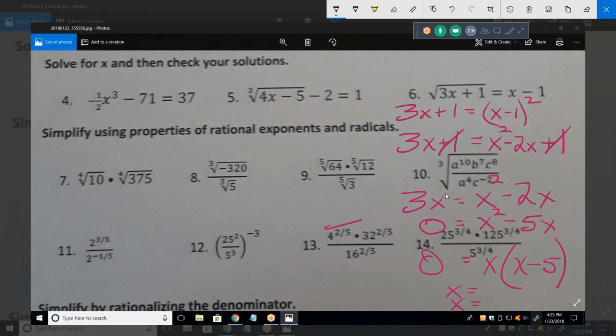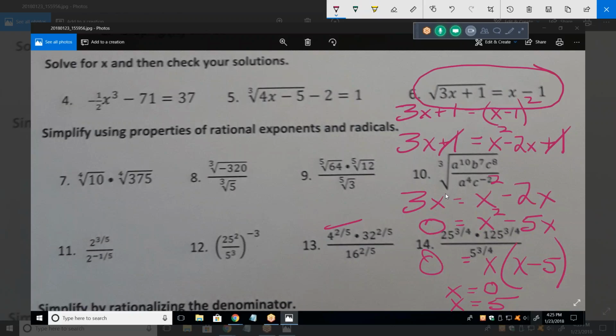Set both of them equal to 0 and solve. So x is 0. It's one solution. And x is 5.